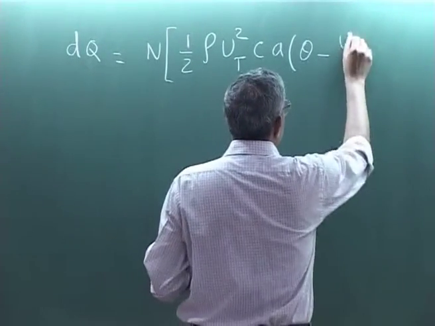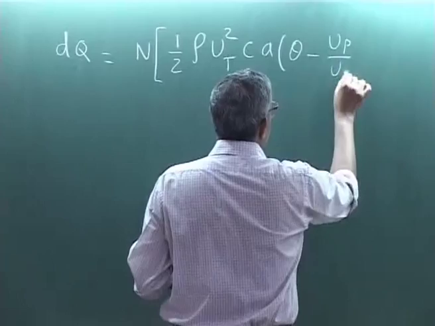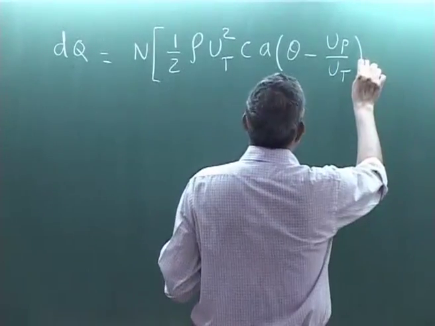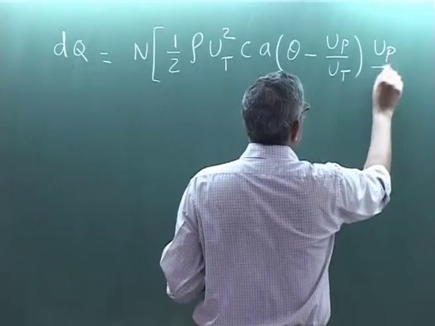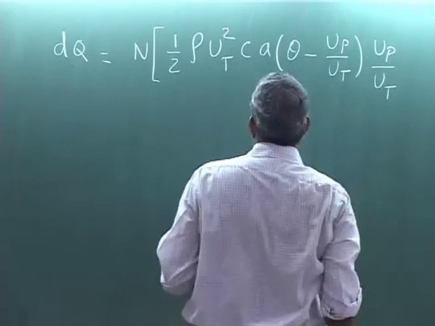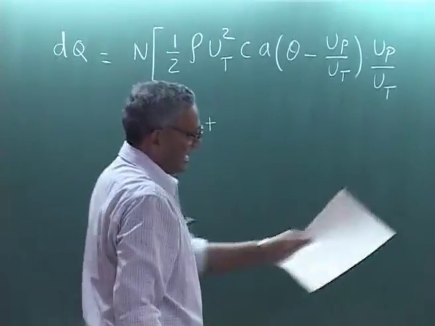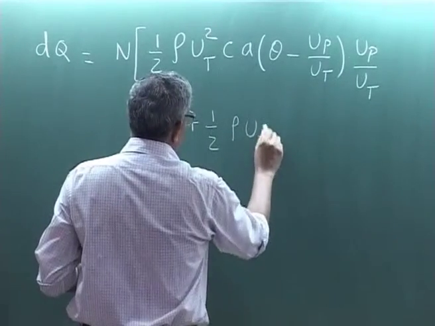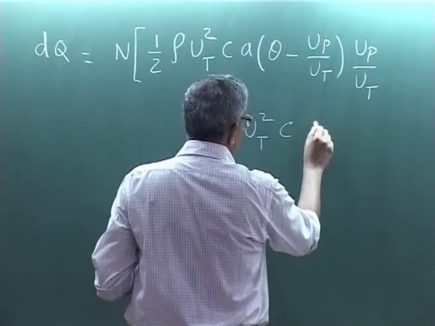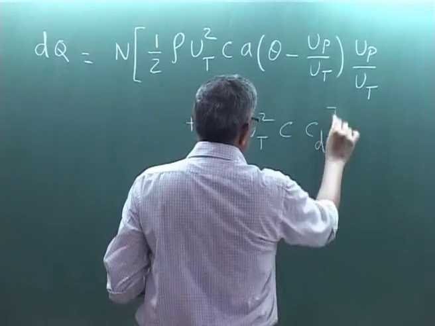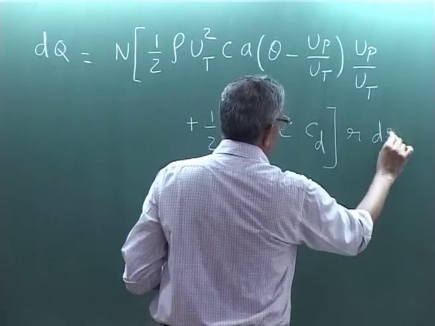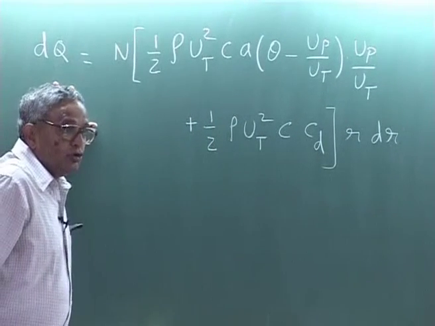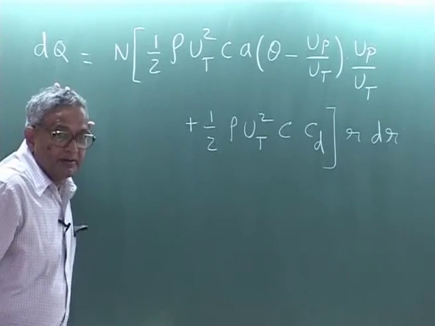Phi was written as up over ut into, there is another factor phi which is again up over ut, plus the drag term, which is essentially half rho ut square c Cd, okay, into r dr.